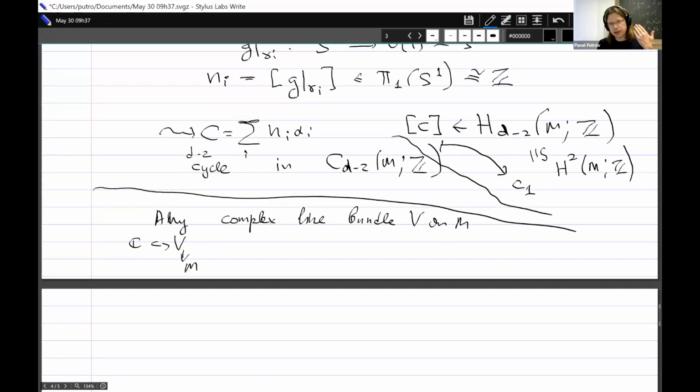In particular, parallel transport in this line bundle is given by this connection A, which you consider.